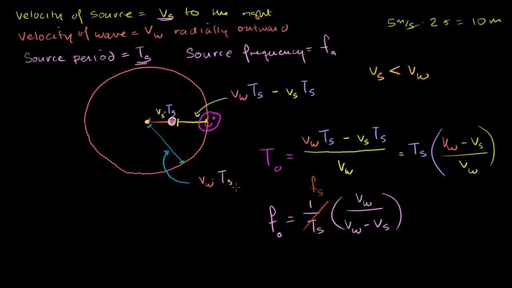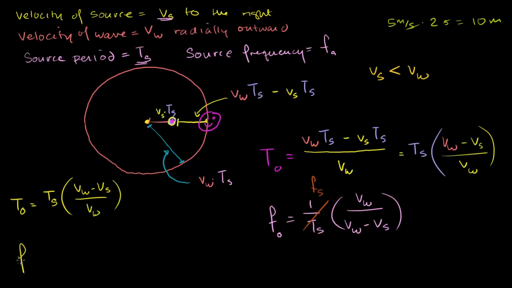We have our two relations, at least if you are in the path. If the velocity of the source is going in your direction, then we have our formulas. I'll rewrite them. The observed period of the observer is going to be the period from the point of view of the source times the velocity of the wave minus the velocity of the source, divided by the velocity of the wave itself.